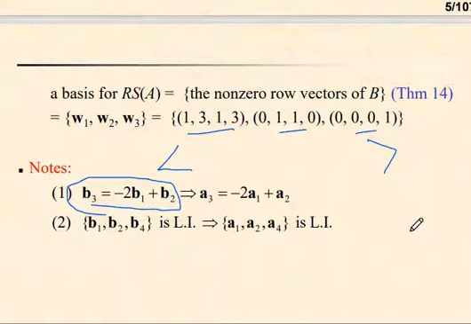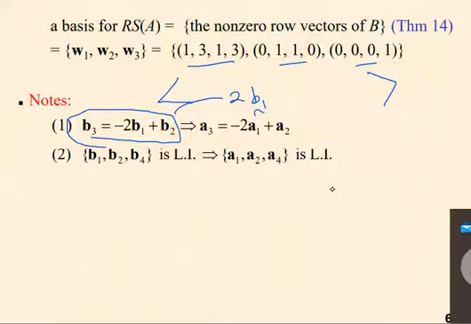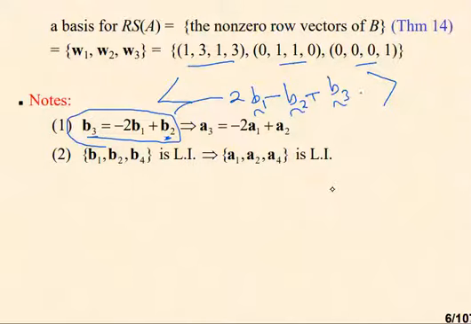Why am I saying it is linearly dependent? If you take this term to the other side, then this minus 2b1 becomes positive b1, that column b1, right? And let's bring this term to the other side, then it becomes negative, and this remains the same, positive b3, which is equal to 0.